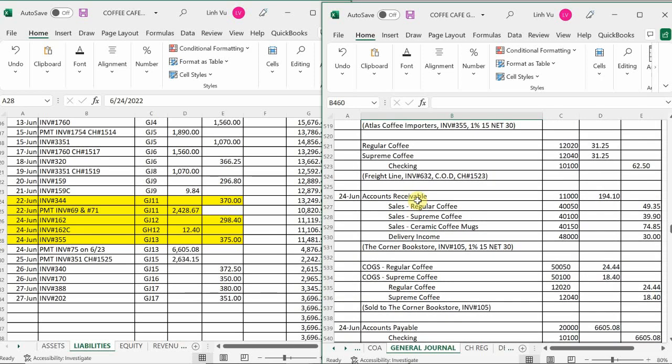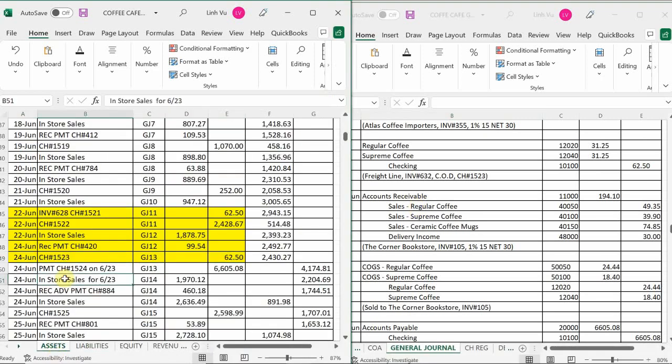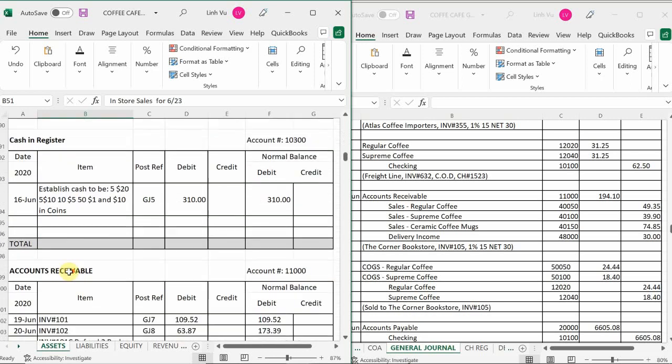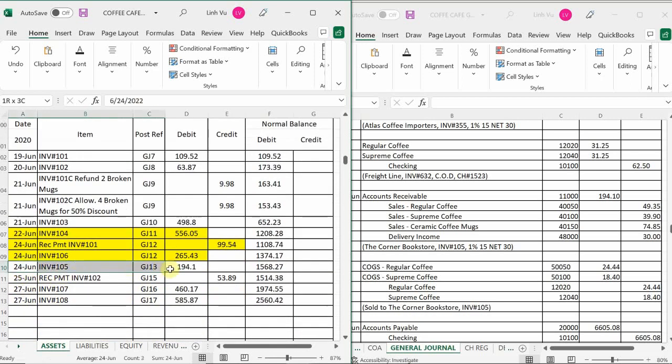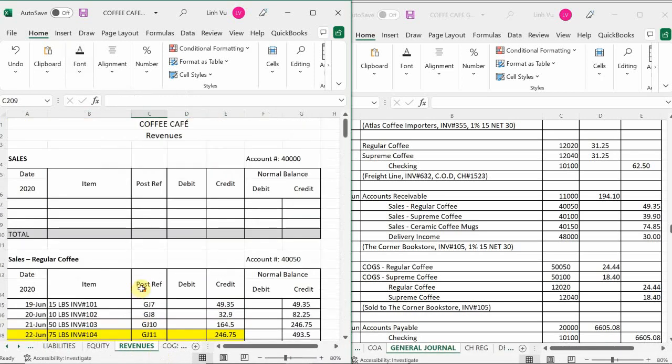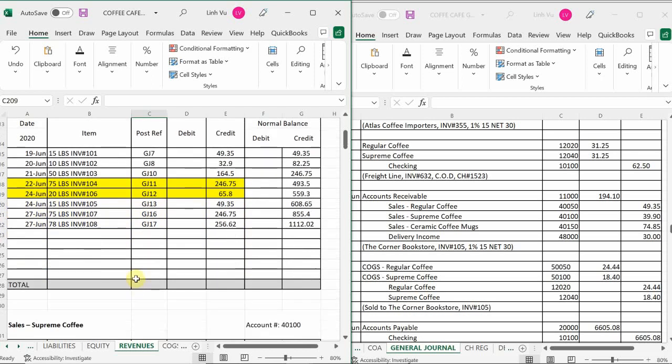Then we have another accounts receivable for 194.10. That's right. $49.39.74.